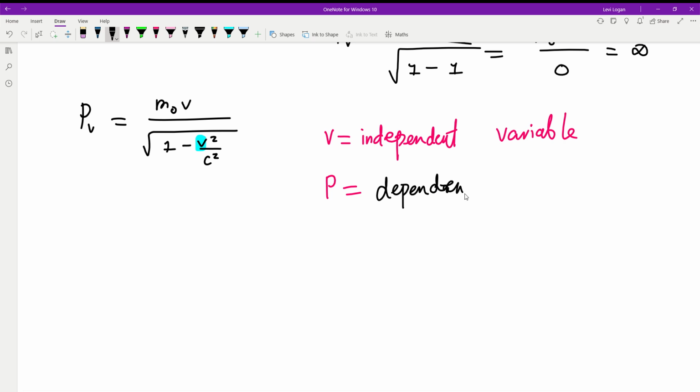If you were to graph this and keep the mass constant, what you actually get is something like this. You get velocity, you get p, and you get something like this.